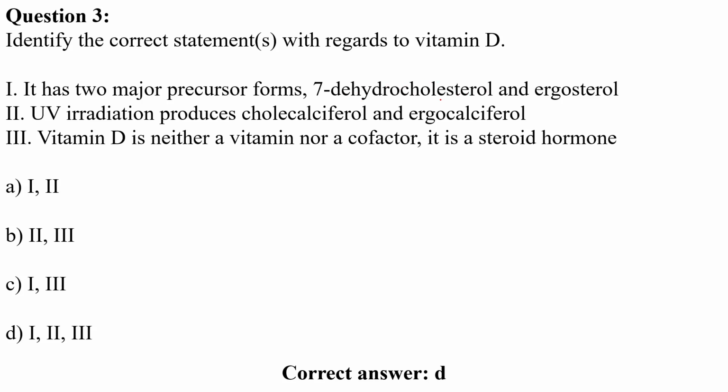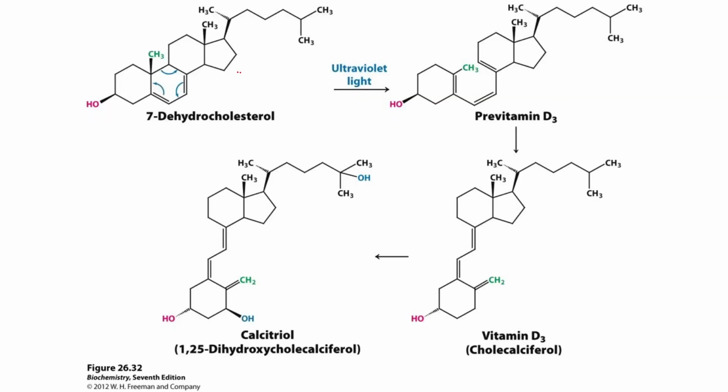If you remember the structure of cholesterol, we had a steroid nucleus and then an aliphatic chain attached, when we were studying fatty acids. In that section we had studied the structure of cholesterol. So this is 7-dehydrocholesterol. From the 7th carbon, the hydroxy group is removed.